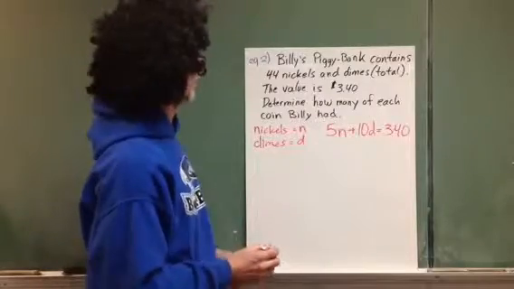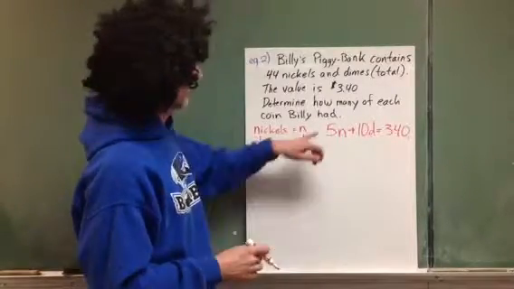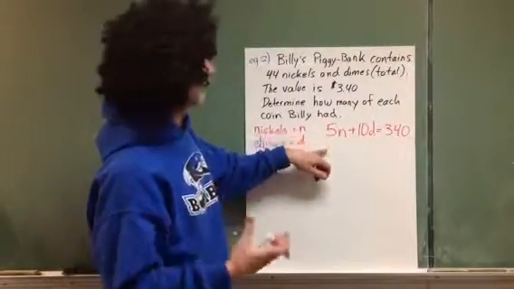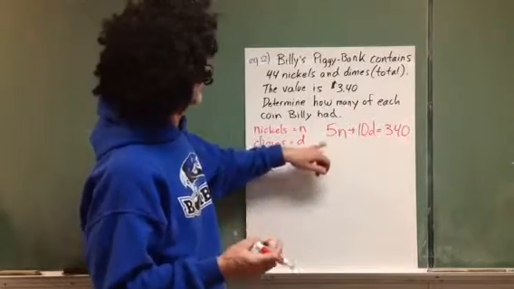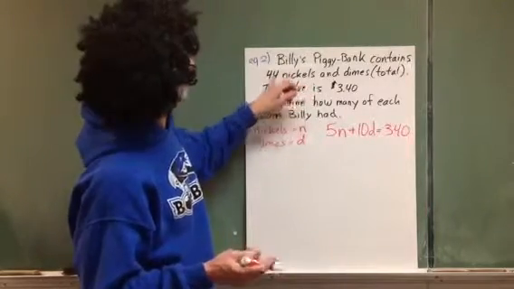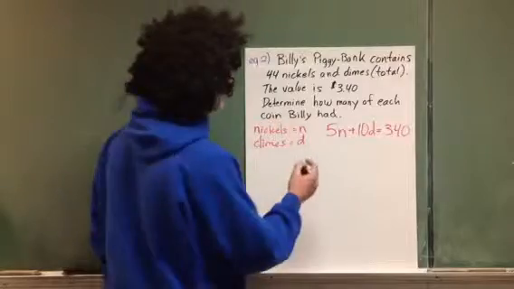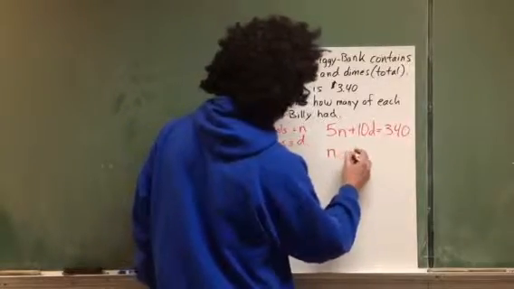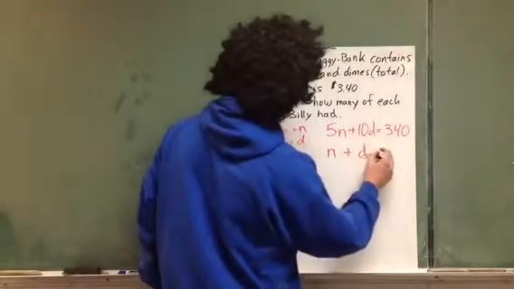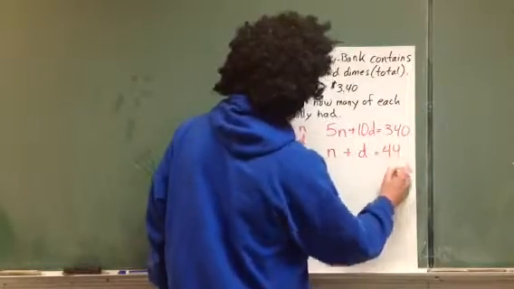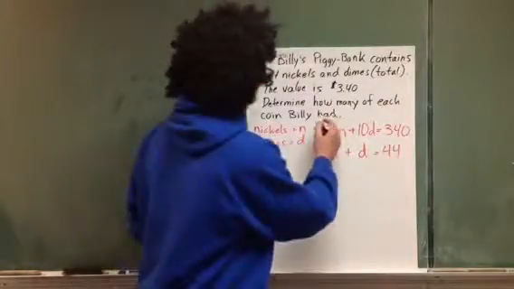Okay, so that's one of our equations. That's using the values of the coins. The other statement is going to be using the number of coins. We know that the total number of coins is 44, so nickels plus dimes equals 44. So there's our system right there.